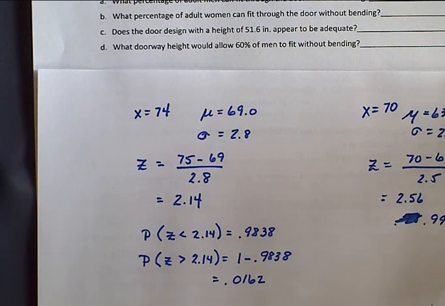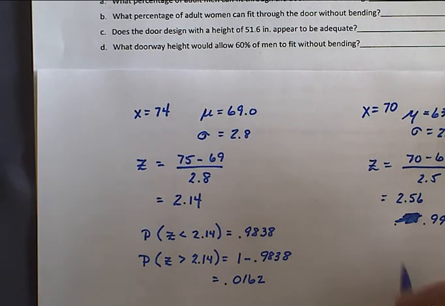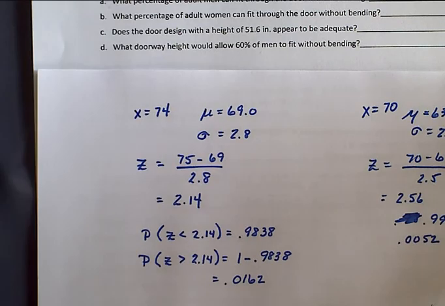So subtracting it, I get 0.0052. So only about 0.5% of the population fits that category.